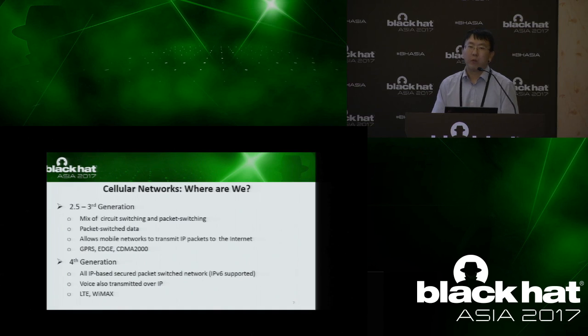Around this century, we had 2.5G and 3G cellular networks. Basically, they started to support packet switching to support data transmission. So it is still a mix of circuit switching and packet switching. However, due to packet switching, the mobile network can transmit IP packets to the internet. And big names include GPRS, EDGE, and CDMA 2000.